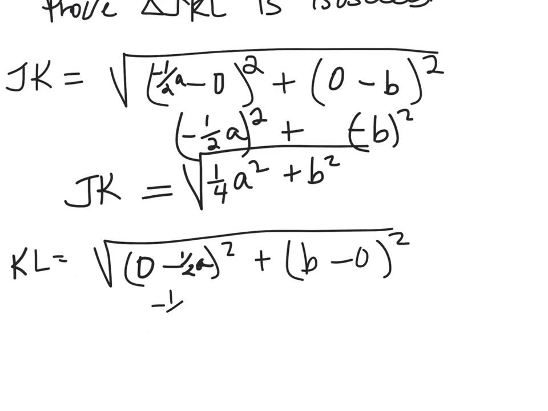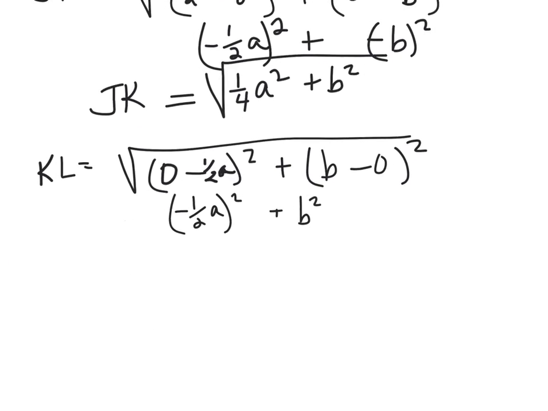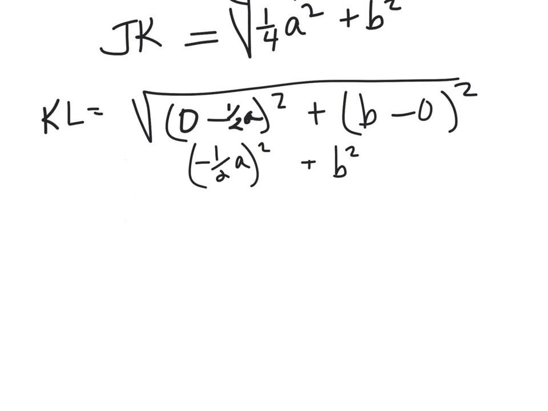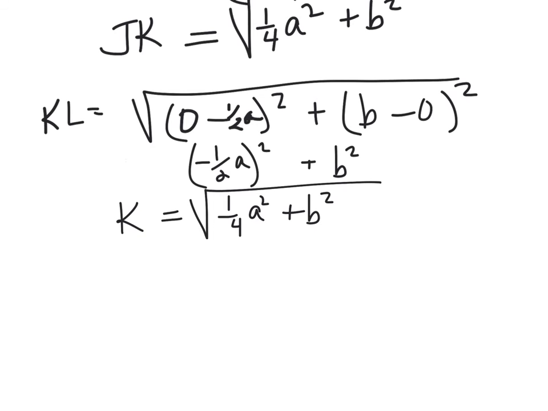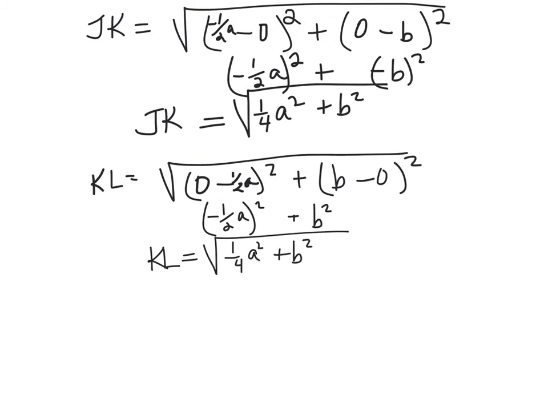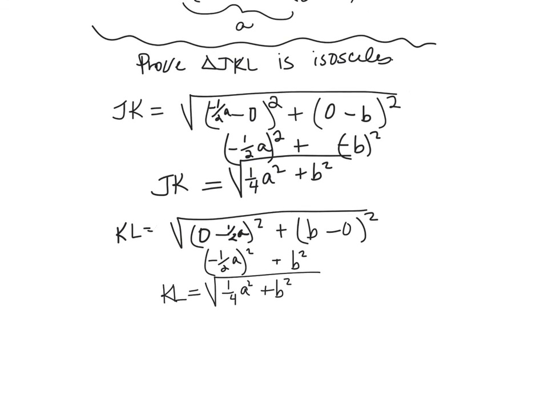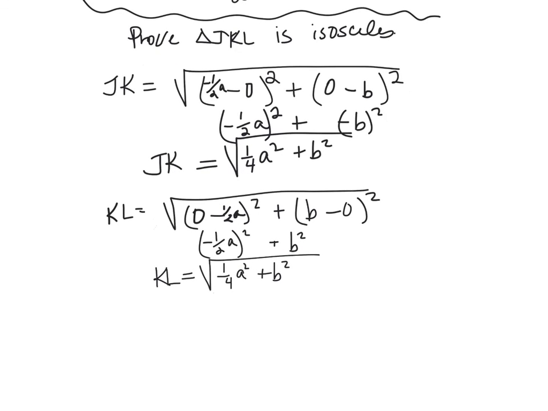So I have (-1/2 A) squared plus B squared equals 1/4 A squared plus B squared, and of course this stays underneath the radical. All right, so since JK and KL are equal, I have an isosceles triangle.